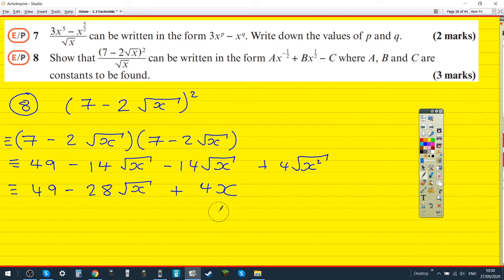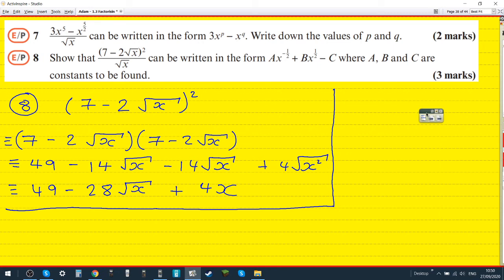What is next? And then you put it into the fraction again, over square root x. Then could you split it up into 3 fractions?